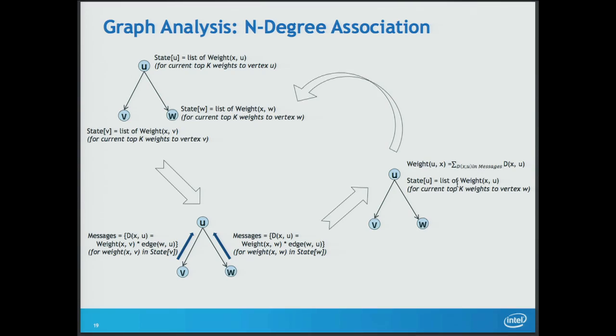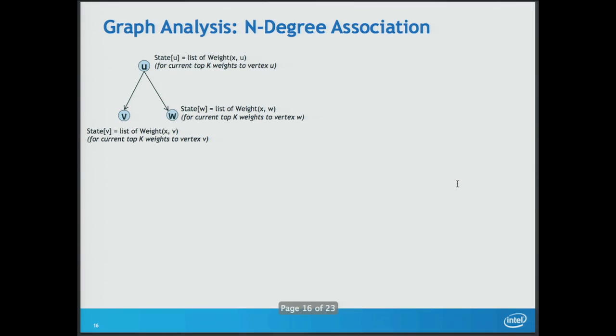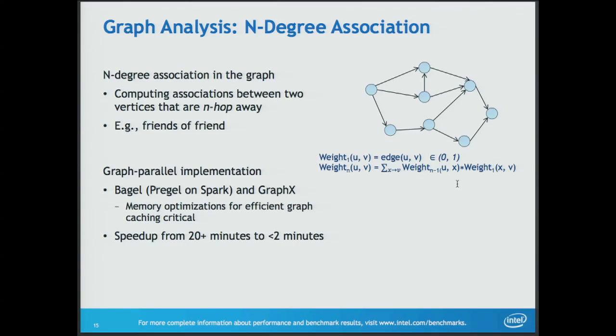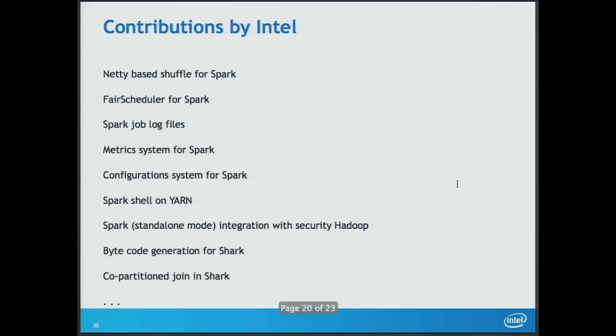In the first iteration, you have the first degree association, and you just iterate n times, so you get an n-degree association. In this case, we can utilize the graph layers built on top of Spark to efficiently compute those graph analyses.